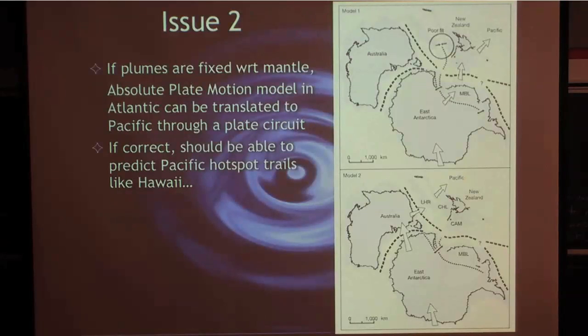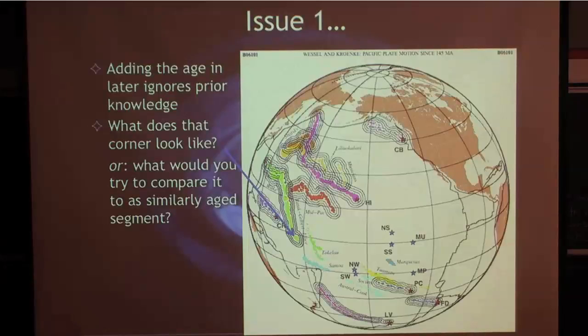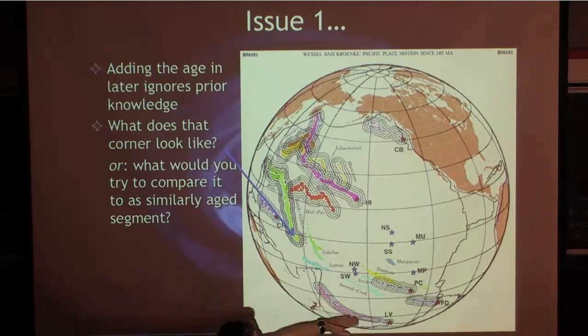There are other things you can do to prove to yourself that this works. Oh, yes? Jasper, can you go back one slide? With the green dots, I see other bends. You see other bends, yes? If you look at the age of those bends, do they coincide better with the bend in the Hawaiian chain? Do you have any in particular that you like? Basically, this is the kind of bend you have to look at.